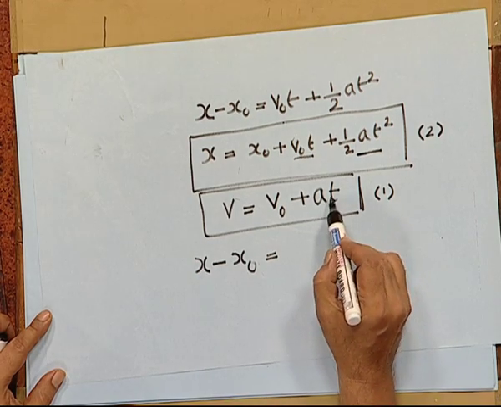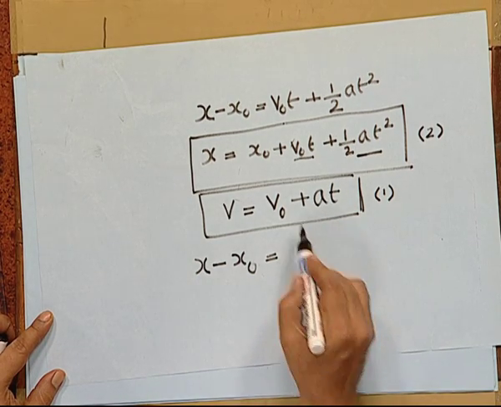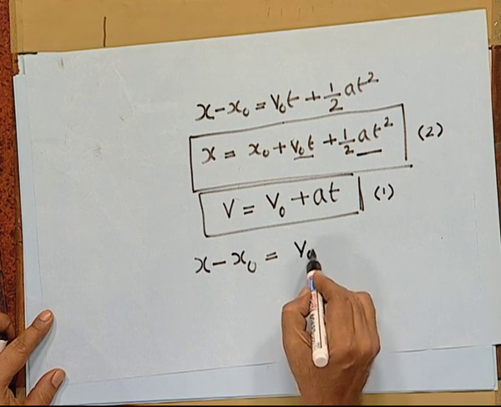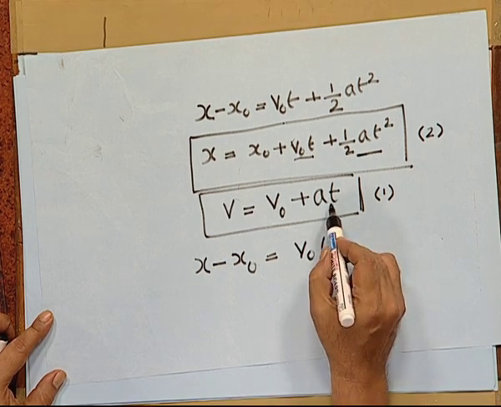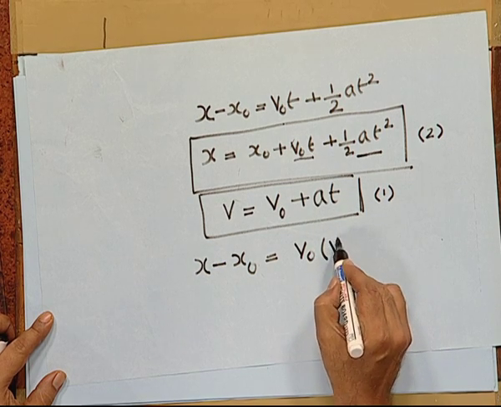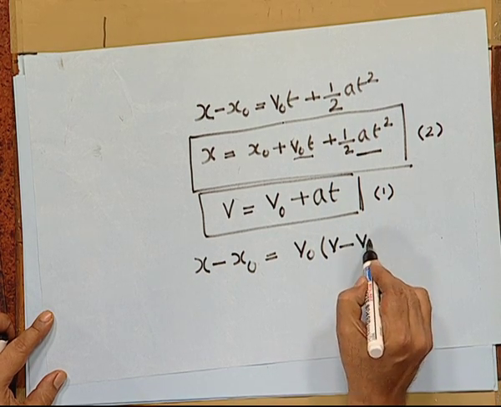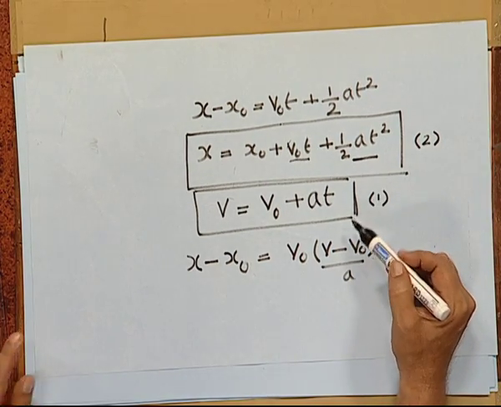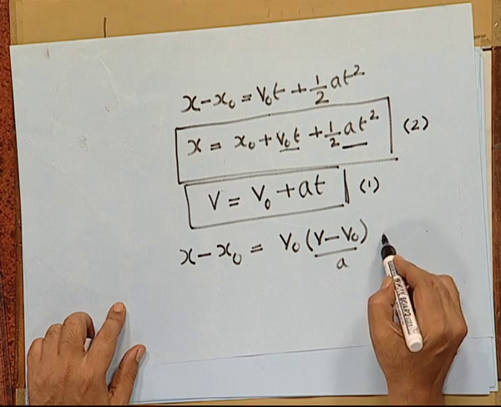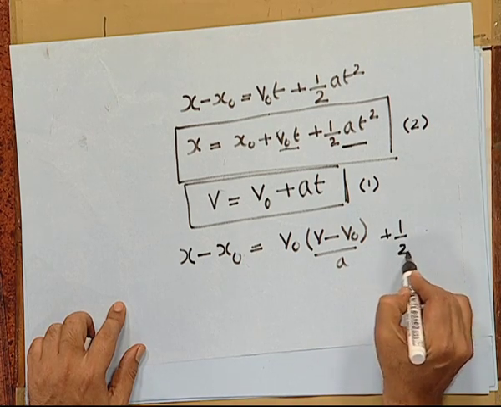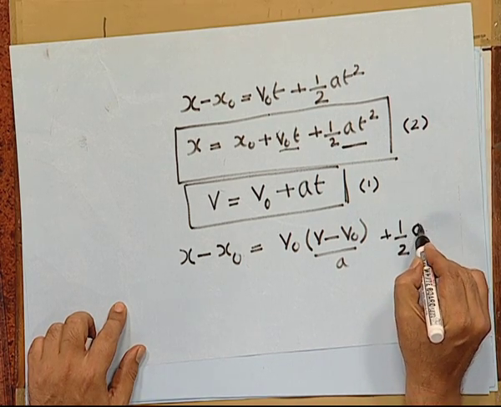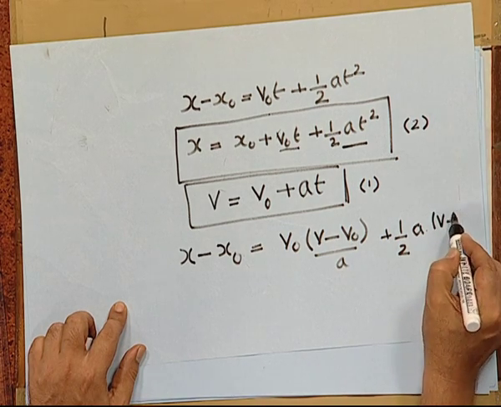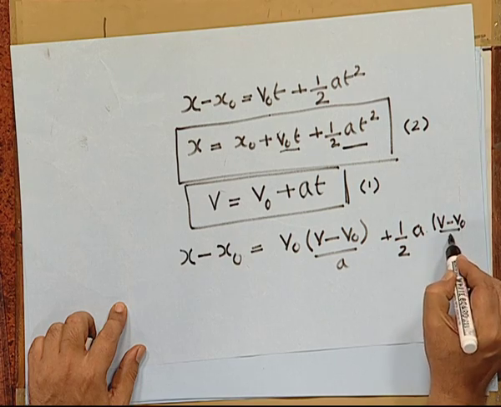that is, substituting for t, then you have x minus x naught equal to v 0 into, for time I am substituting in that equation, v minus v 0 by a, that is substituting equation 1 for t, then you have plus half a, for time squared I have to substitute v minus v 0 by a whole squared.